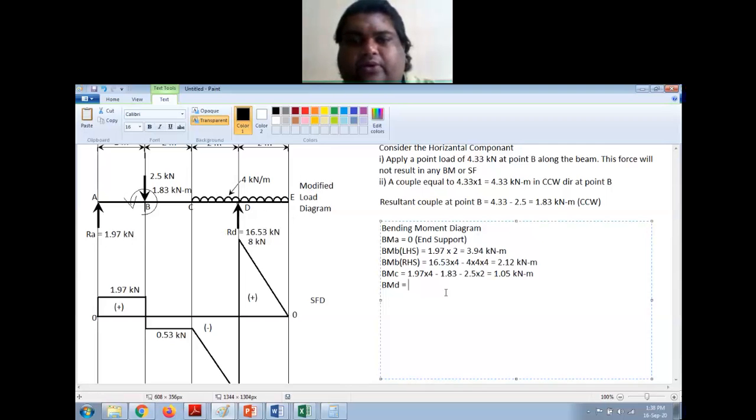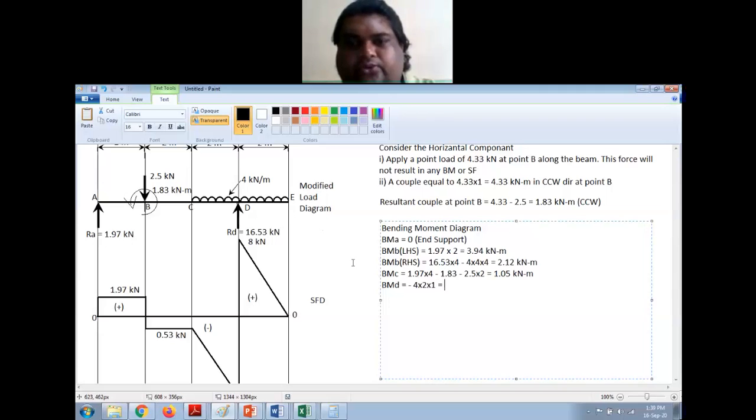So right hand clockwise is negative, so it will be minus 4 into the length of UDL between D and E is 2 meter, and it is acting at the midpoint of this DE, so into 1.